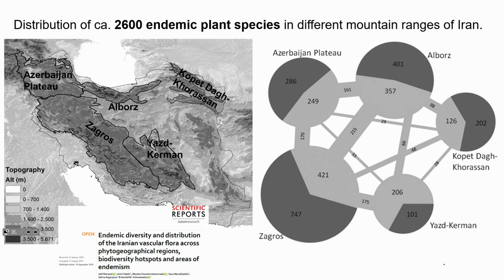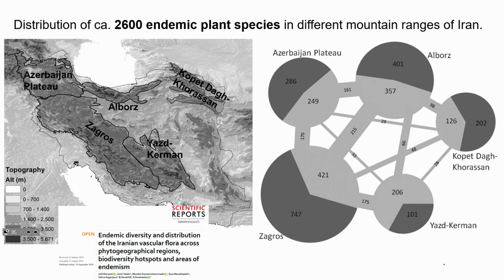Endemic species of Iran are mostly in mountainous regions, as you can see here, at high elevations. The central parts are usually deserts, and the number of species is poor here, and endemics are very poor. But the high mountains are very rich, and we divided the number of species in each mountain range.